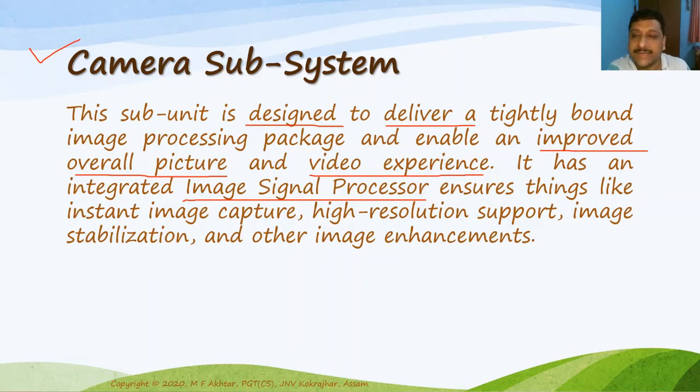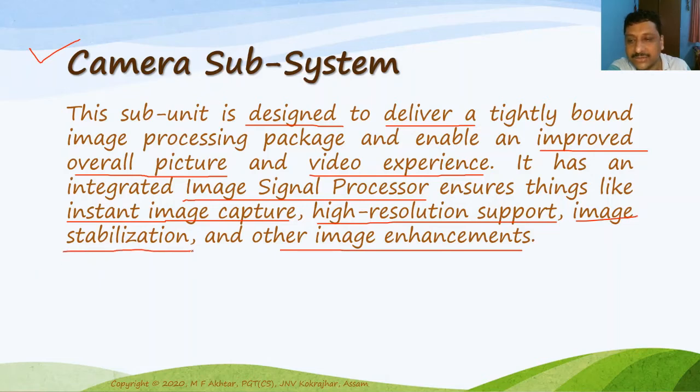It ensures things like instant image capture, high resolution support, image stabilization, and other image enhancement. These things are incorporated with the help of the image signal processor along with the camera subsystem.